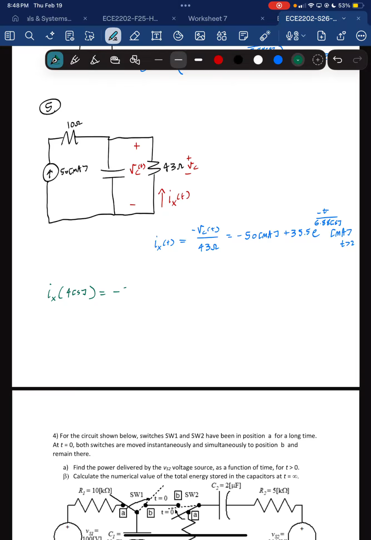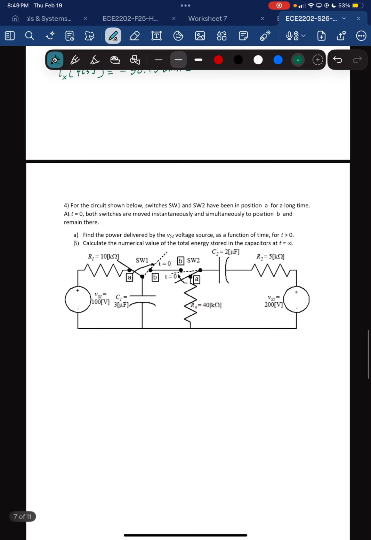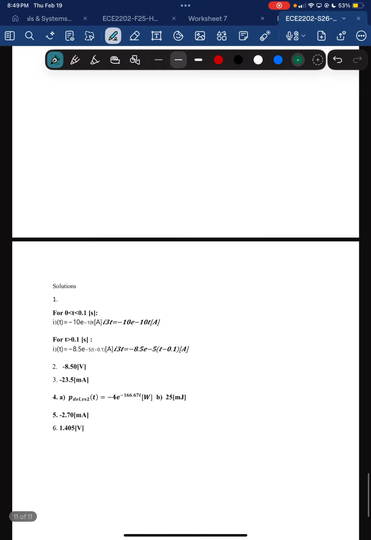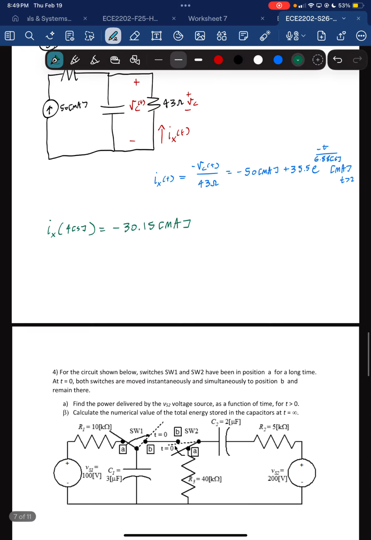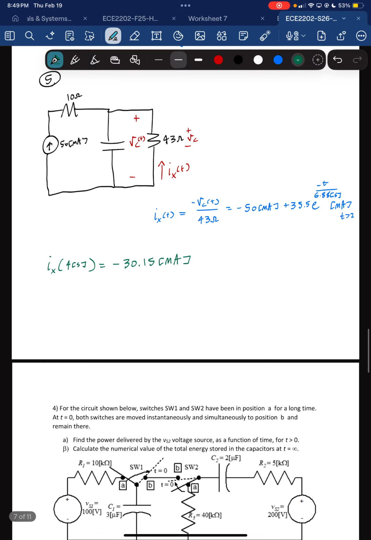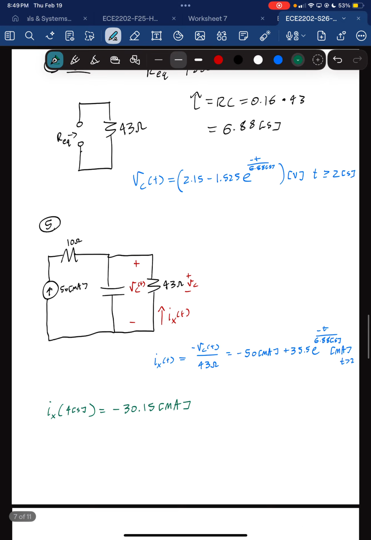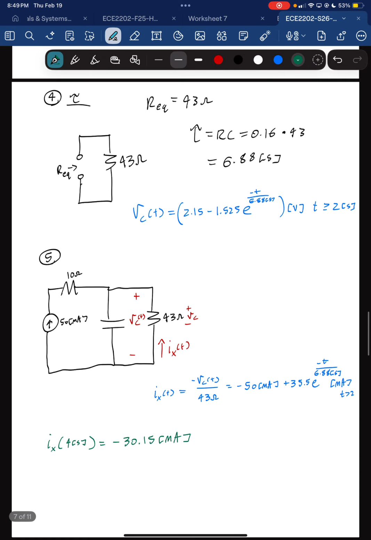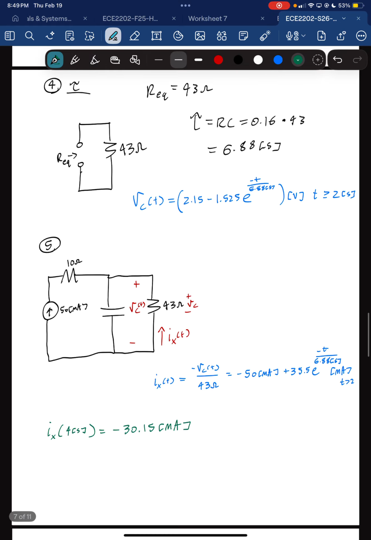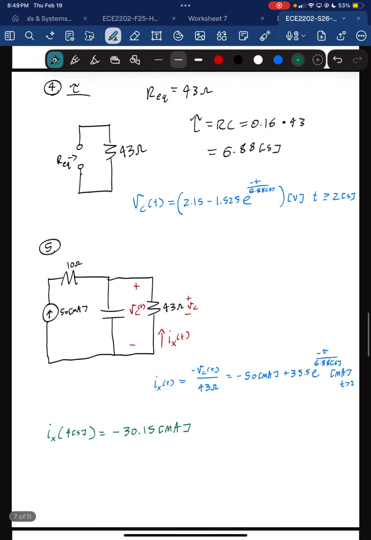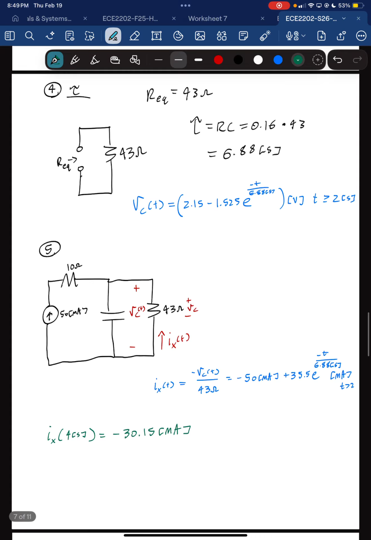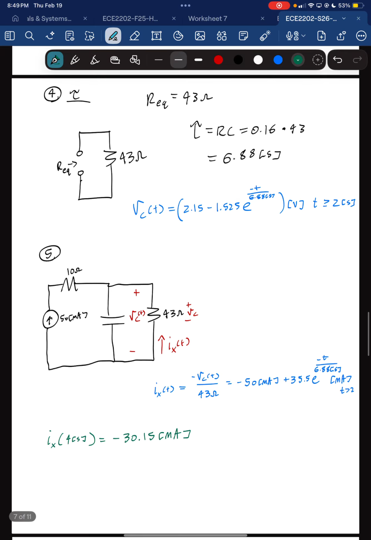We're going to get negative 30.15 milliamps. Make sure that's good. No, okay. Something went wrong. Let's see if I can find it.